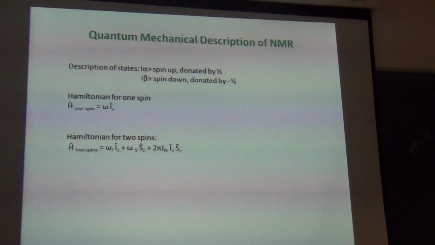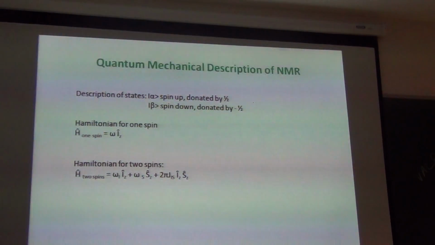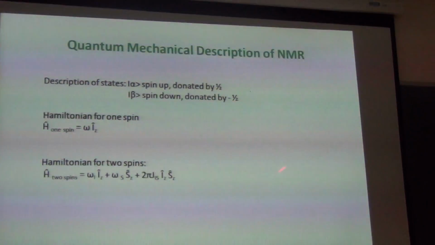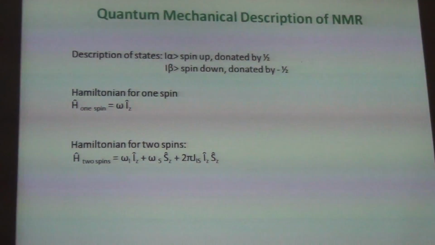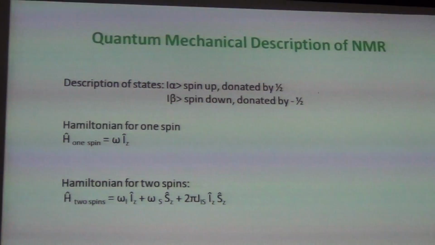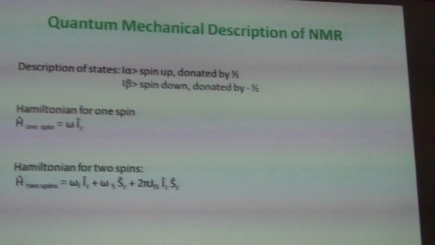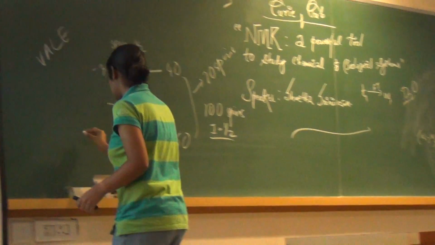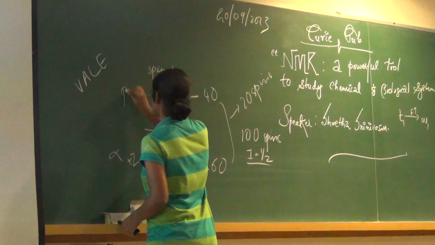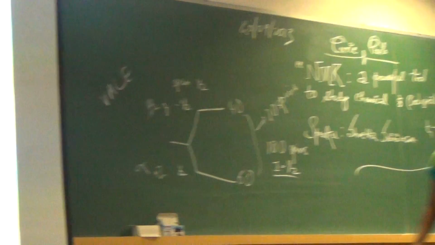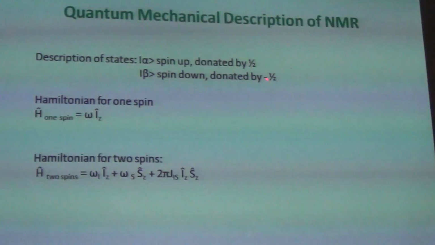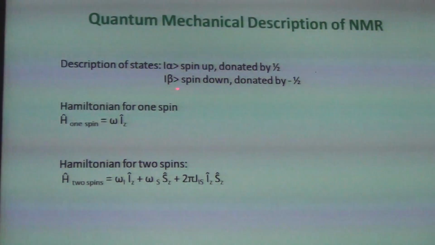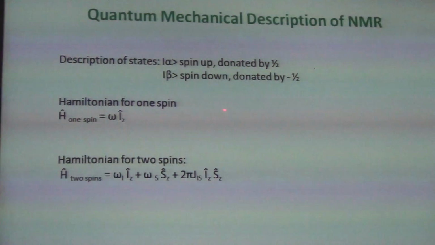Now I'll quickly give a quantum mechanical description of NMR. We initially spoke about these two states, the plus half and the minus half. In quantum mechanics, this state is known as the alpha state and this state is known as the beta state. The alpha state, denoted by plus half, is a spin-up state, and the beta state, denoted by minus half, is a spin-down state.